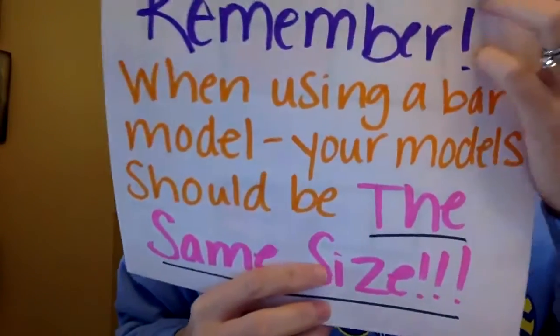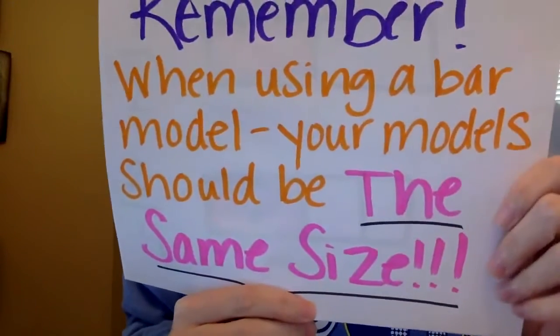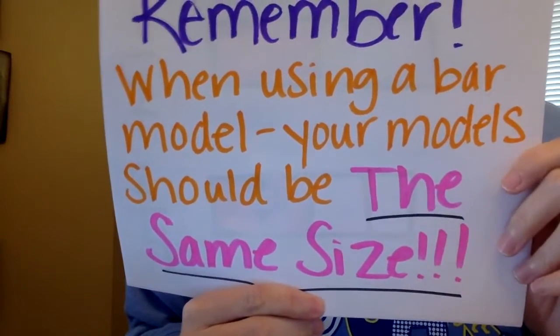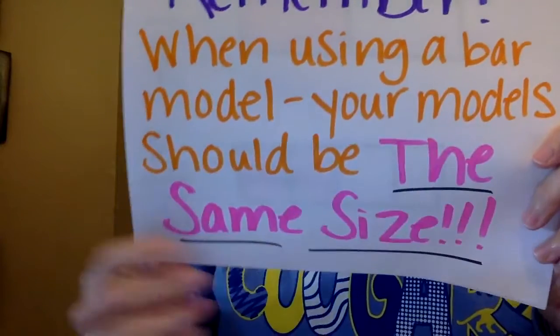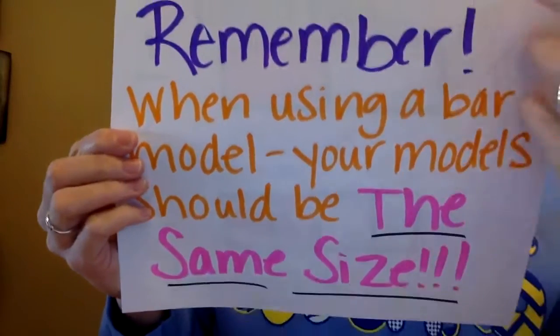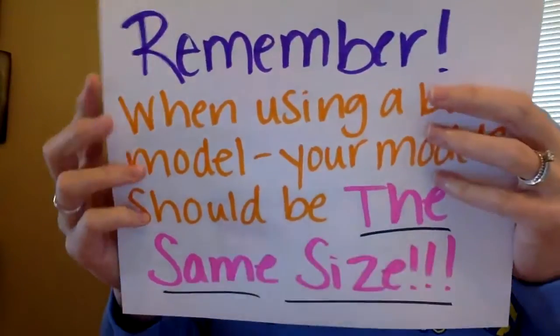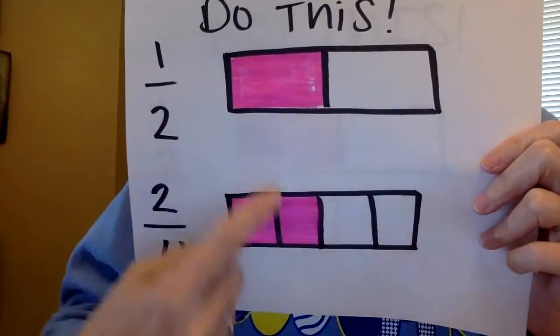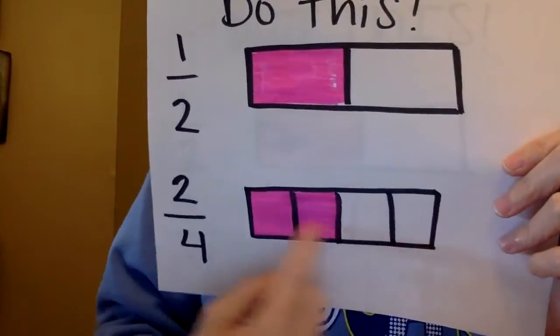Reminder, something to keep in mind: when we are using bar models to create equivalent fractions, your models should be the same size. Look at my bar models, they're the same size.